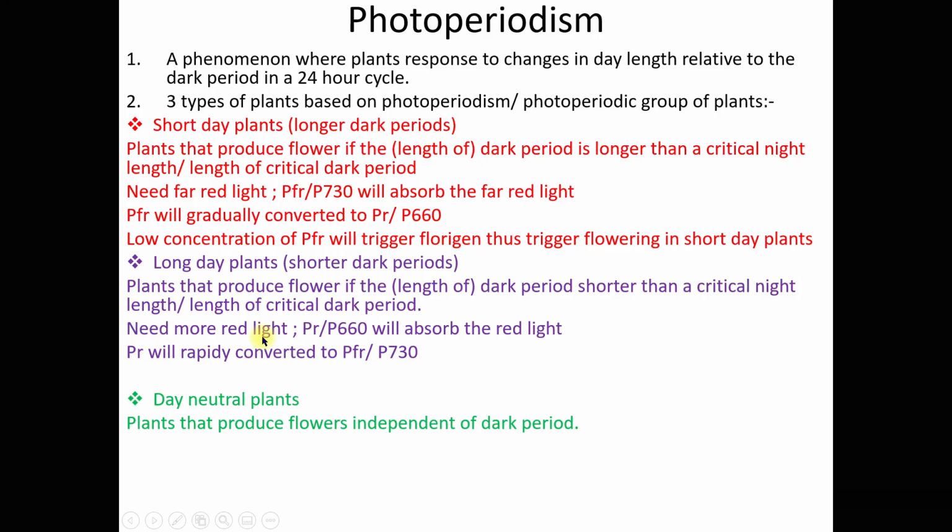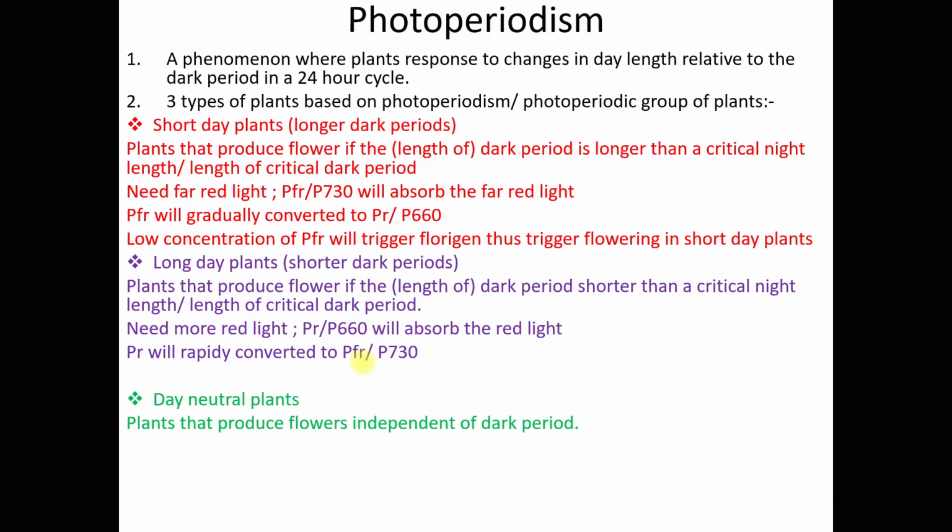In long day plants, their PR, or P660, will absorb the red light. After the PR absorbs the red light, it will rapidly convert into PFR.